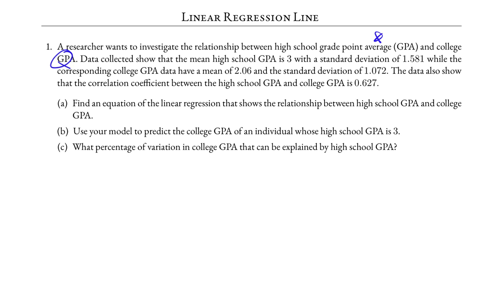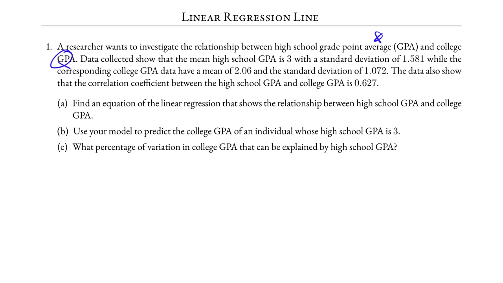Data collected show that the mean high school GPA is 3 with a standard deviation of 1.581, while the corresponding college GPA data have a mean of 2.06 and a standard deviation of 1.072. The data also show that the correlation coefficient between the high school GPA and college GPA is 0.627. Find the equation of the best fit line between high school GPA and college GPA.